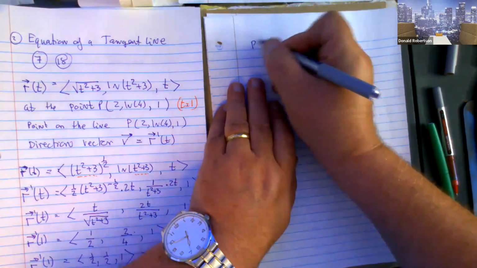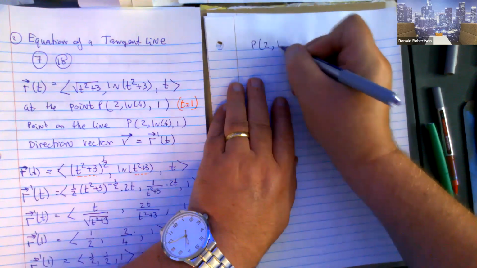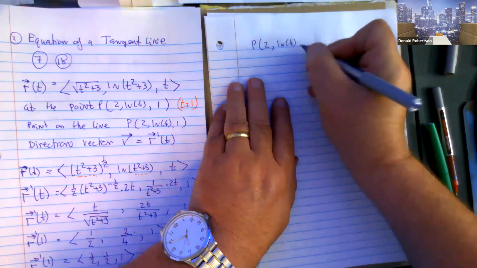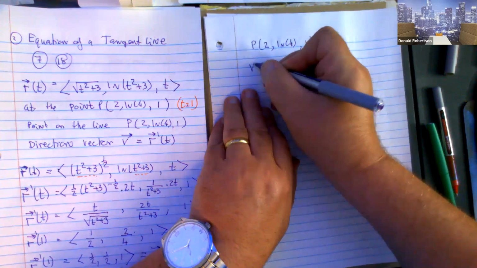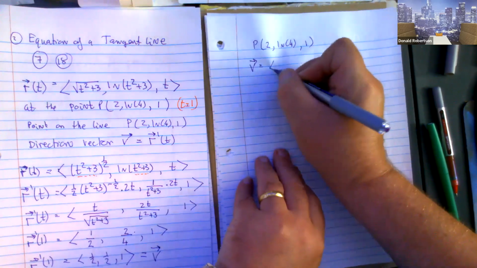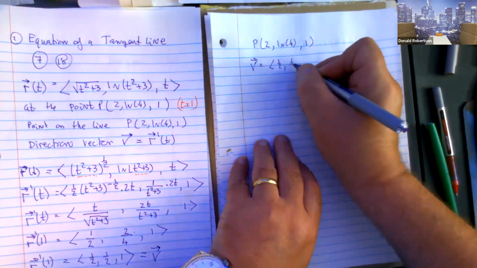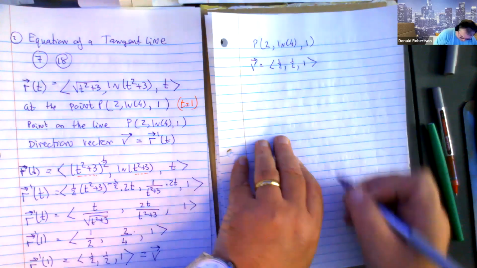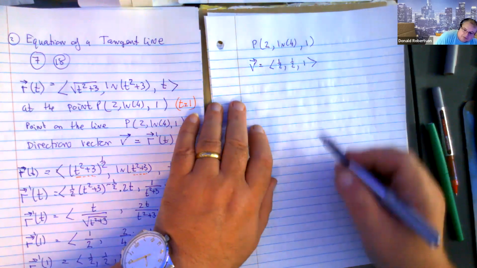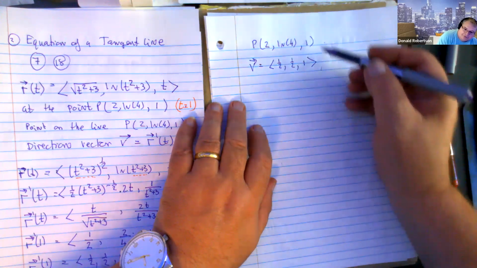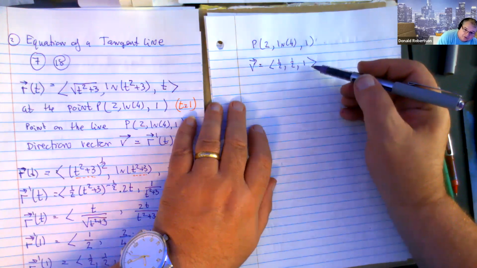So I want to find the equation of a line that passes through the point 2, log 4, 1, and has a direction vector of 1 half, 1 half, 1. If you put this information together, what do you get?